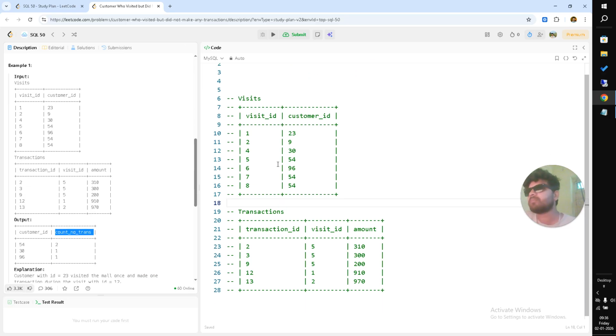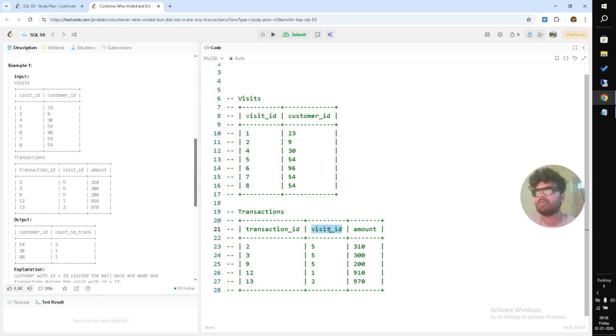Let's see what we can do. So visitor ID, yeah, visit ID is there. So we can connect this first. We are combining, or joining, these two tables on the column visit ID.